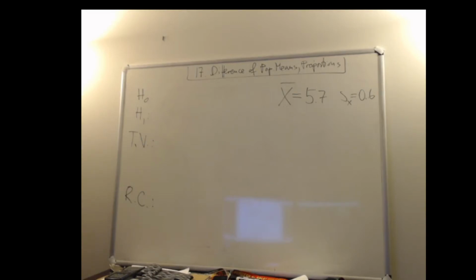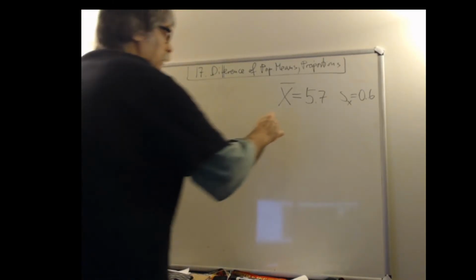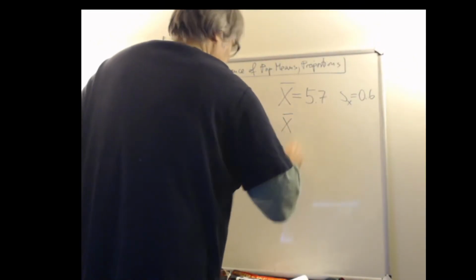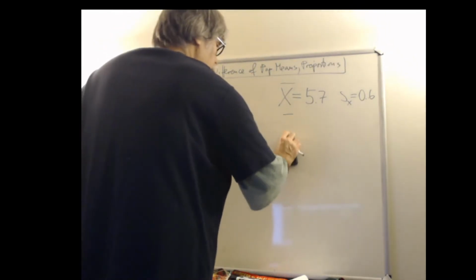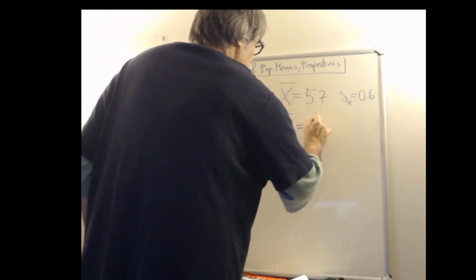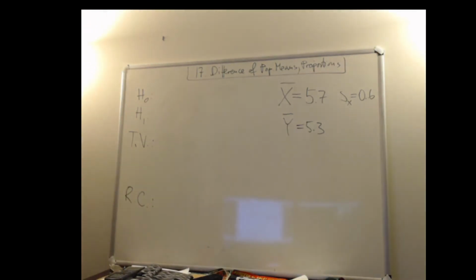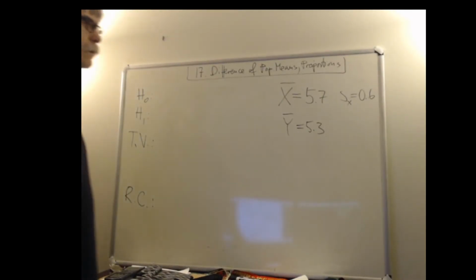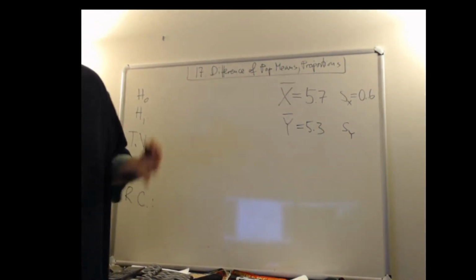The hens are eating something extra. The regular diet, the hens that are eating regular stuff, we're gonna call them Y because they're smaller numbers, 5.3 pounds. And the standard deviation, they're not all the same weight, was 0.7 pounds.